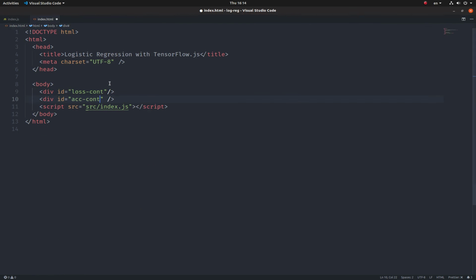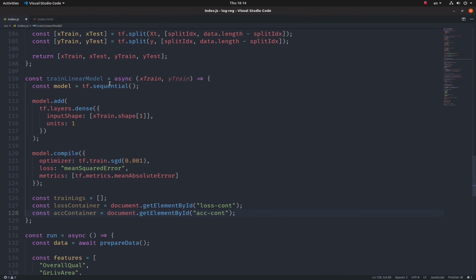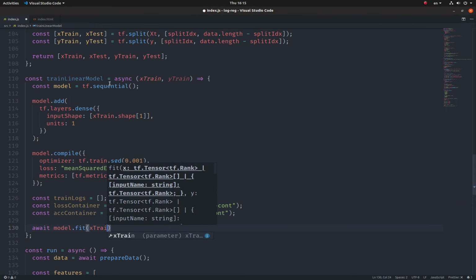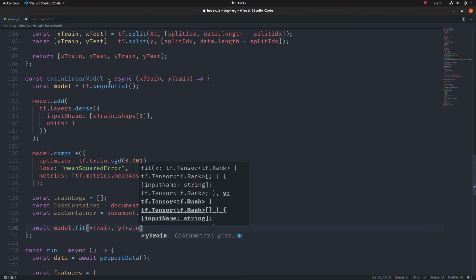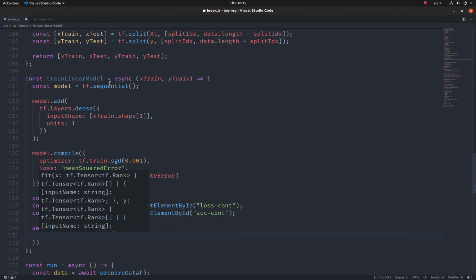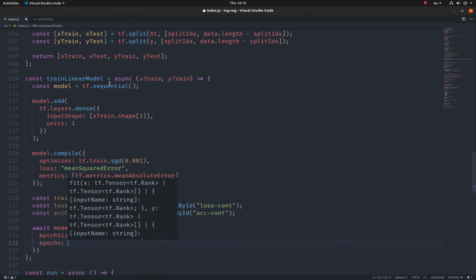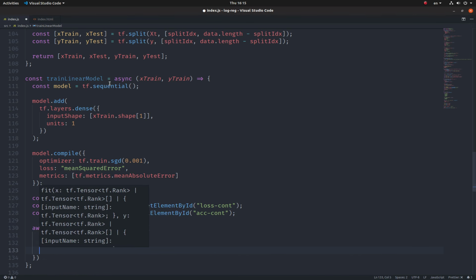Okay, so now that we have the reference to those elements, I'm going to wait for the training to complete, and I'm going to pass in the training data and a couple of options for our training. First, I'm going to set a batch size of 32. I'm going to train for 100 epochs.